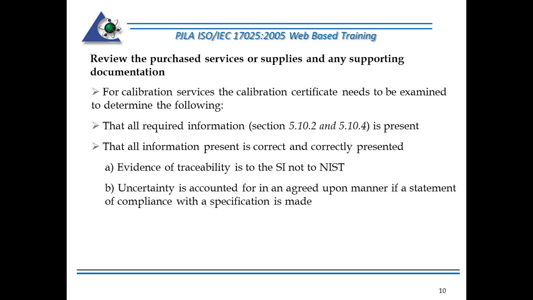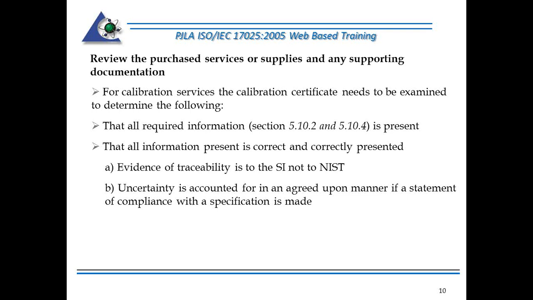So that's something that should be handled in the section 4.4 activities. But this is one area where the laboratory could issue you a certificate that states a piece of equipment is within specification. It may not say in the certificate that they did or did not include the measurement uncertainty. You have to determine that they did because it's necessary that they did, and that they do so in a way that you have had the opportunity to say yes or no to.